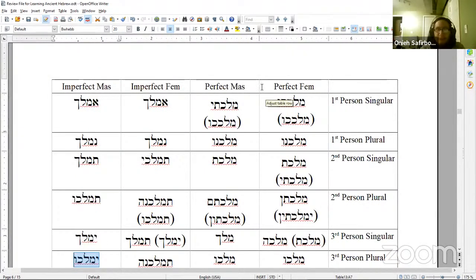Now, for the first person, for perfect, we have a tav yod in biblical Hebrew, but in Akkadian, instead of a tav yod, it's a kaf wa.